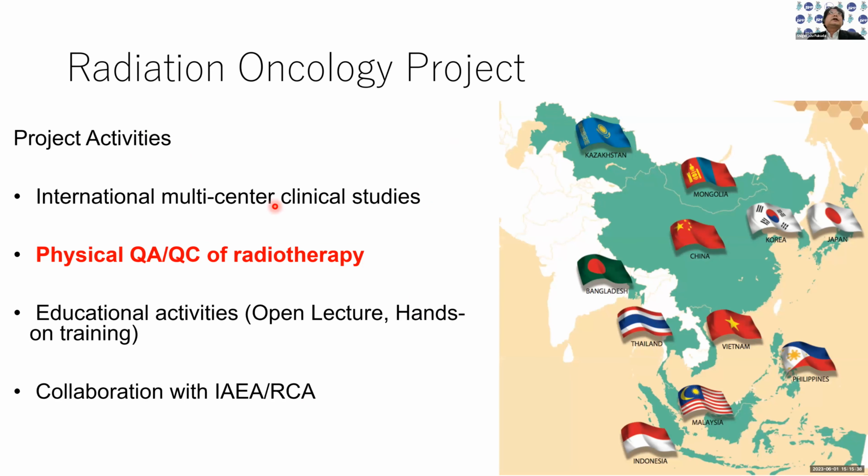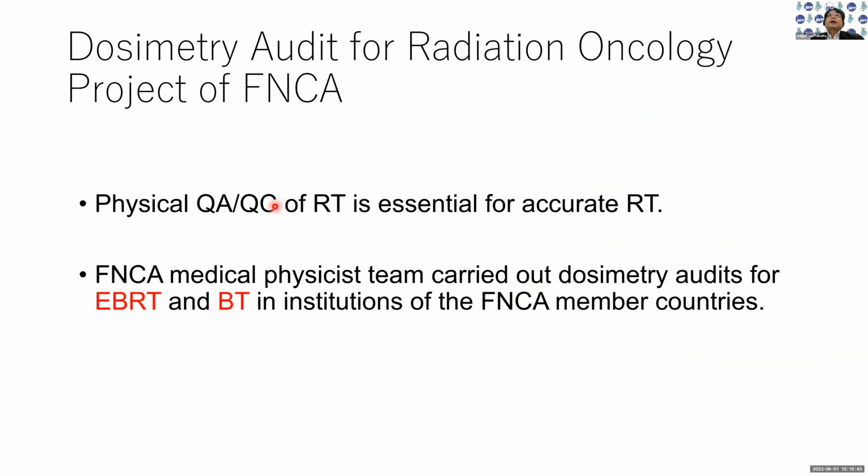Next is the physical QA/QC of radiotherapy. We performed the dosimetry audit for the radiation oncology project of FNCA. As you know, physical QA/QC of radiotherapy is essential for accurate radiotherapy. The FNCA medical physicist team carried out dosimetry audits for EBRT and brachytherapy in institutions of FNCA member countries.